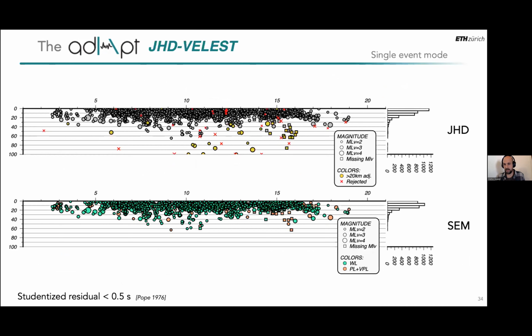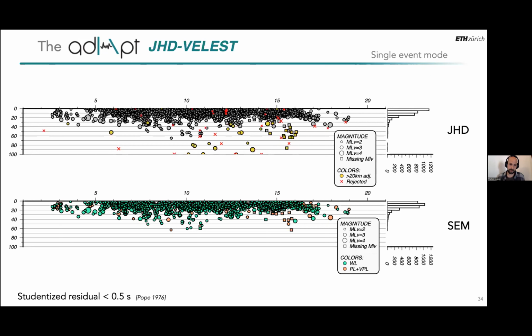Although the usage of joint hypocenter determination is really useful to get rid of outliers and to improve our location, there may still be events that show a weird or probably erroneous depth for the region of interest. This is because the joint hypocenter determination gets rid of the really clear outliers that pop up from the ensemble of our observations, but some outliers, especially in arrival time, may still remain in the pool of picks associated to the event.